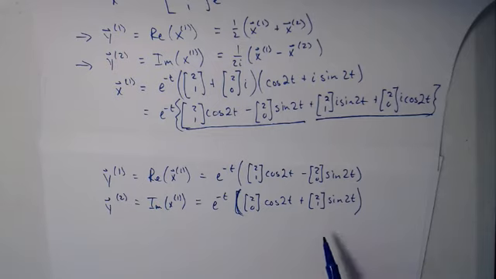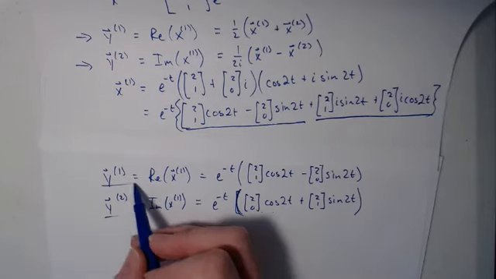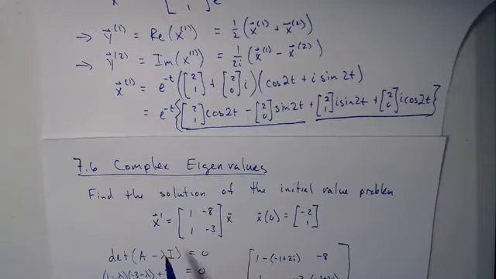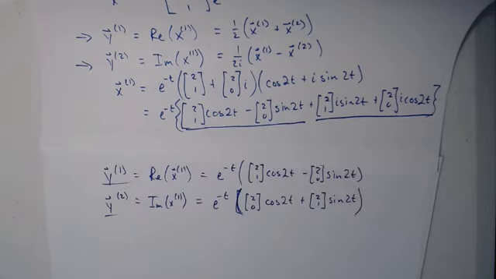So these two things, y1 and y2, are solutions of our original equation, x prime equals this matrix times x. Now, we can take the Wronskian of these guys, probably not too hard here.